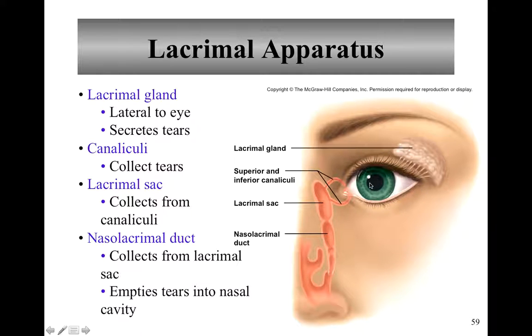The canaliculi collect the tears, and that's where this little pink thing is down here in the corner of your eye that sometimes is really itchy. The lacrimal sac collects the tears from the canaliculi, and the nasolacrimal duct collects it from the sacs and empties it into the nasal cavity.